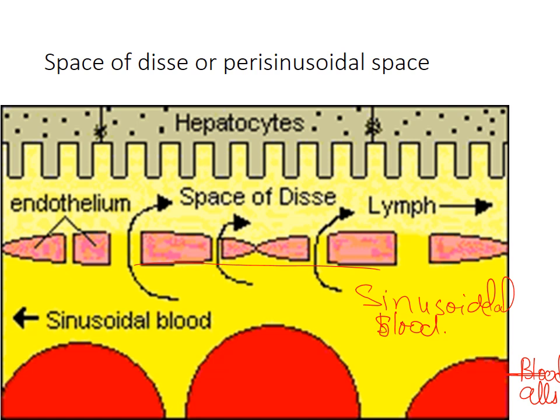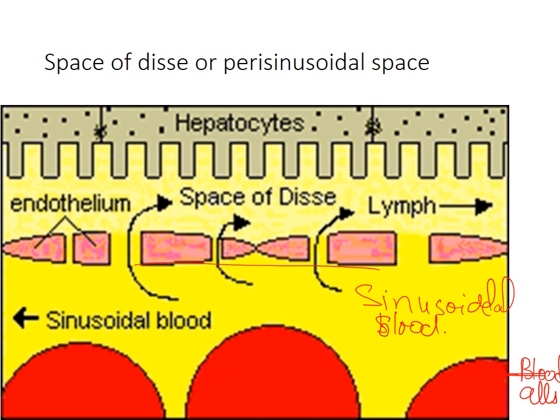Adjacent to the blood sinusoid, the surface of the hepatocyte is separated from the wall of the sinusoid by a narrow space that mainly contains reticular fibers and blood plasma. So these are the surfaces of the hepatocytes facing the sinusoid, and this is the endothelium of the sinusoid, a discontinuous layer.